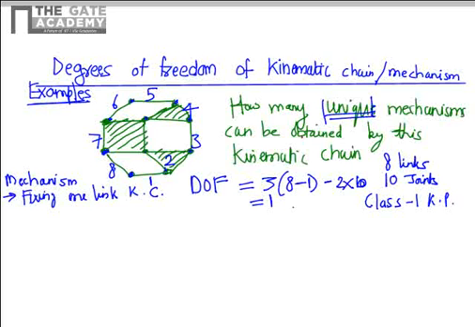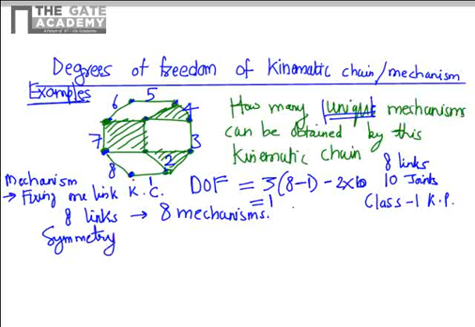The question asks us for the unique mechanisms. So just one straightaway answer would be that there are 8 links in the mechanism, so by fixing one link at a time, we can form 8 mechanisms. But the catch here is that it's asking for unique mechanisms. So that's why we have to consider symmetry.